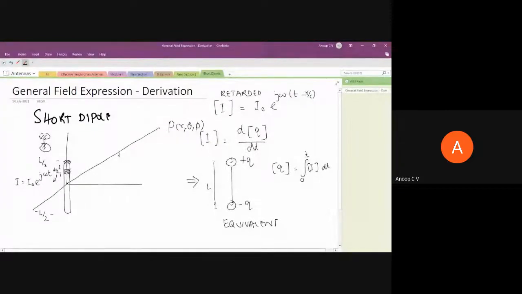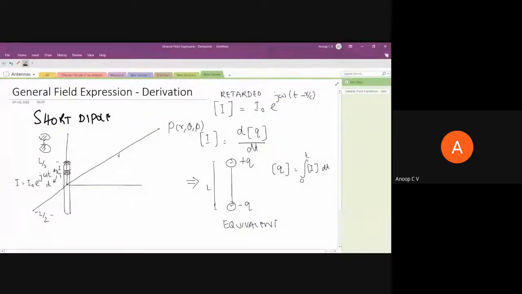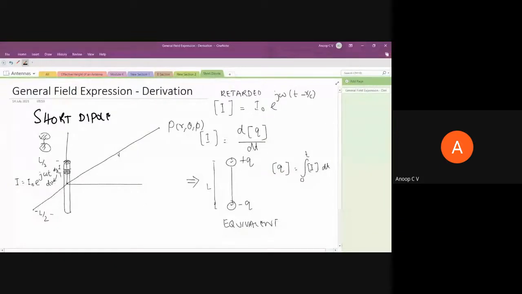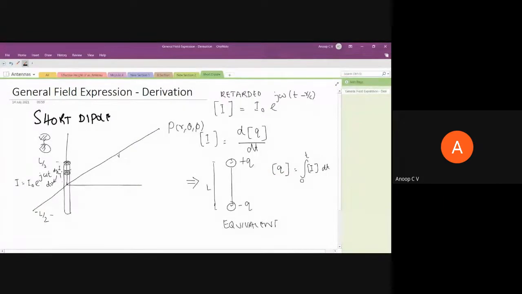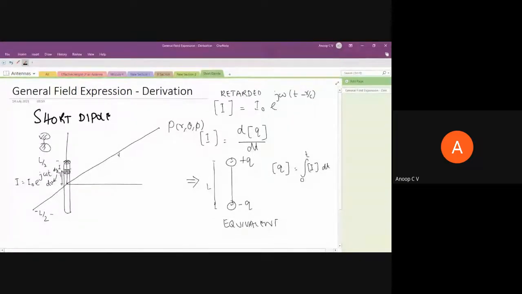It will have some volume dv. The height is dz, and it is at a distance of z from the origin. I'm considering a differential element on the short electric dipole with length dz, at a height z from the origin.